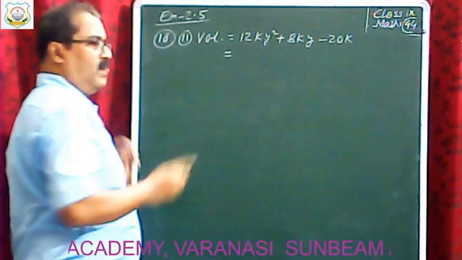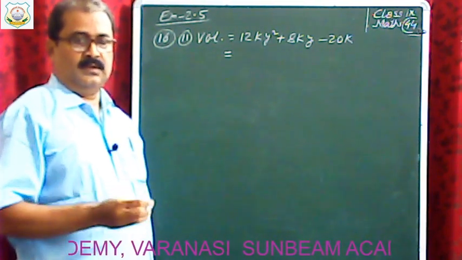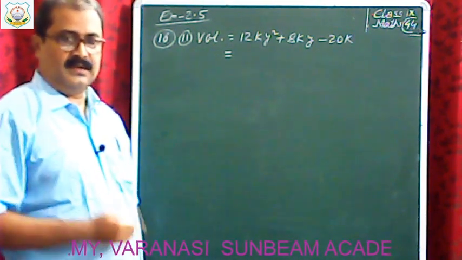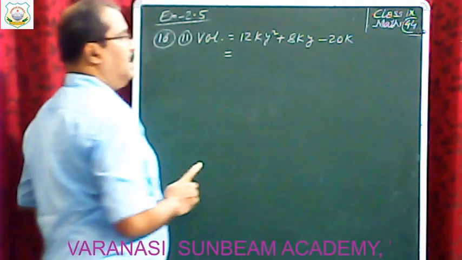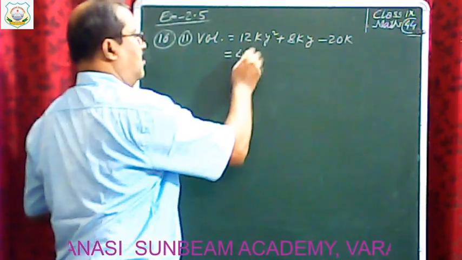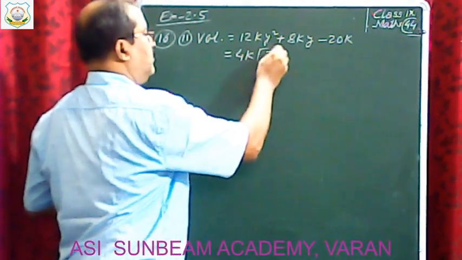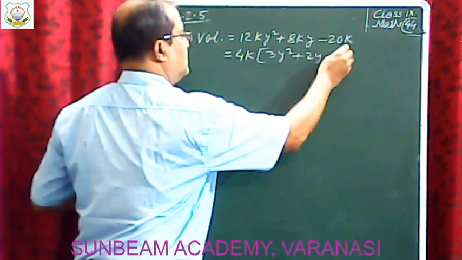The first step of factorization is, if there is a common factor, you take out the common factor, then proceed. So k is common, and 12, 8 and 20 have 4 in common, so 4k is common. Then 3y square plus 2y minus 5.